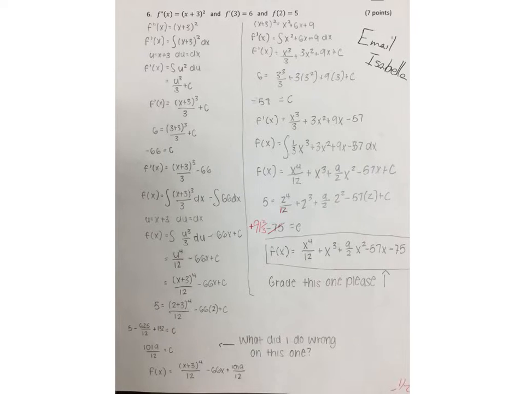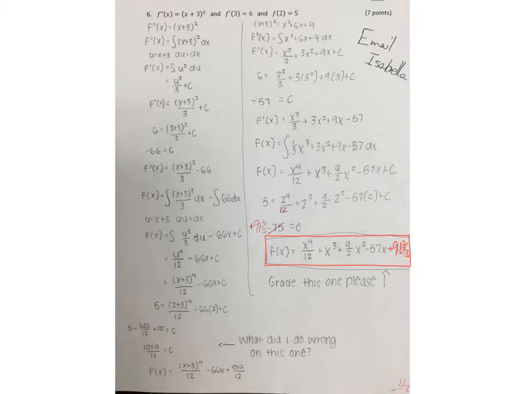So now you had f prime equal to x cubed over 3 plus 3x squared plus 9x minus 57. Then she integrated that, plugged in the point 25, and had a little arithmetic issue there, but we would have gotten a plus 91 2/3. So our final answer would have had a plus 91 2/3 as the constant. Okay? So this is the function that we got.